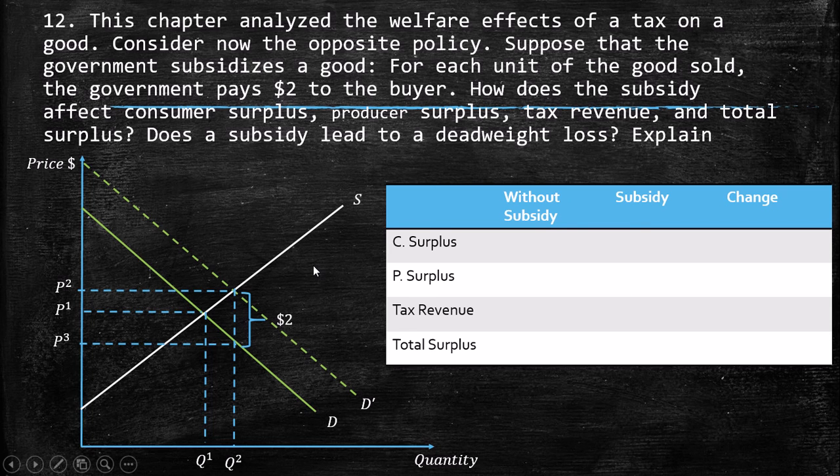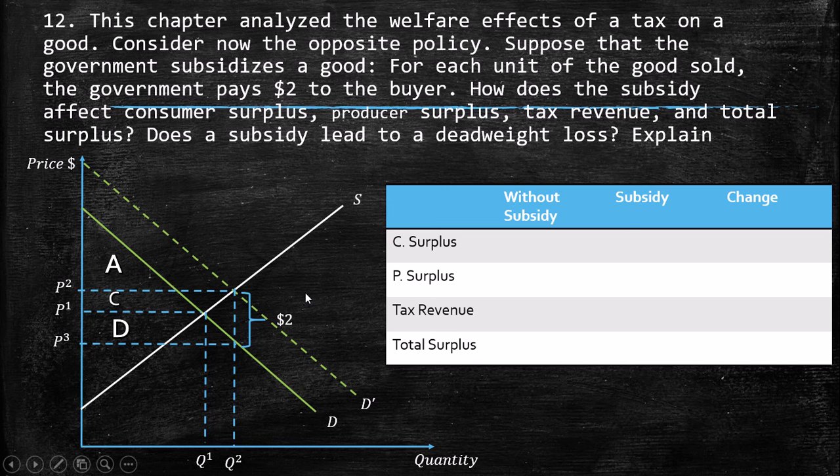It is interesting because, as in the tax case, which is analogous, even though the subsidy is given just to the consumers, the producers will be affected as well, because producers will receive P2 instead of P1, and consumers will pay P3 instead of P1.